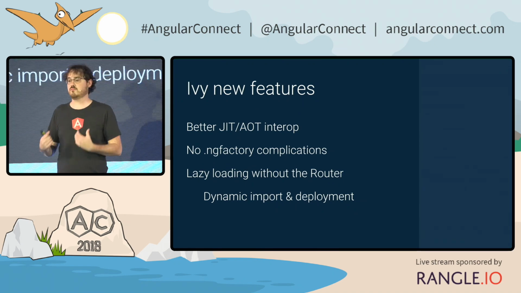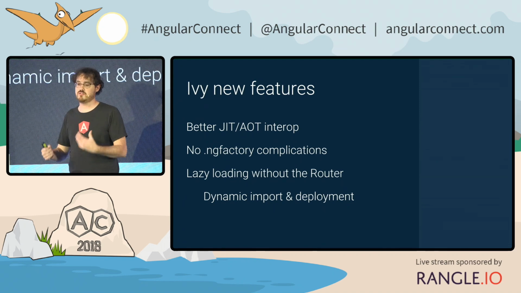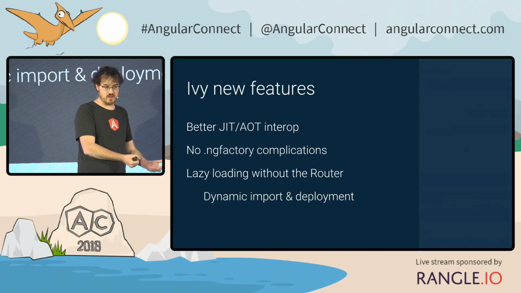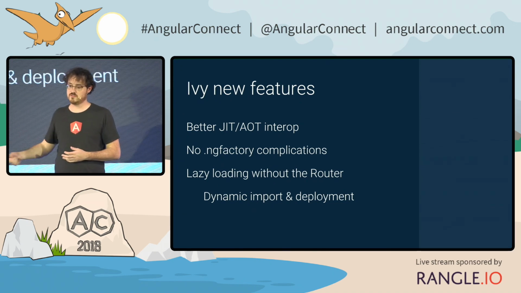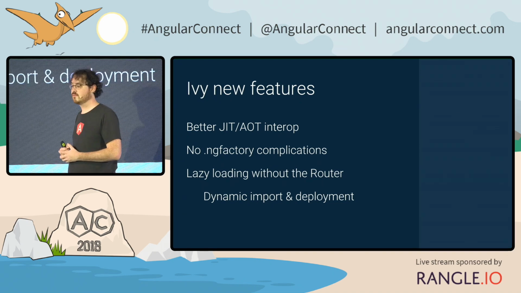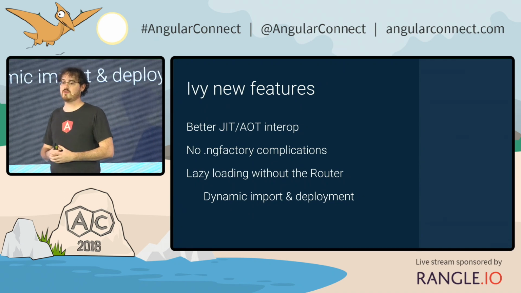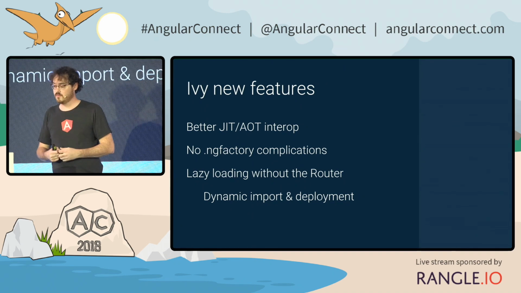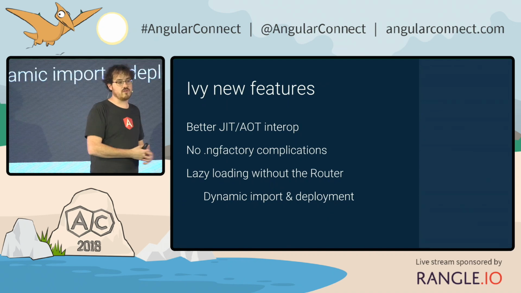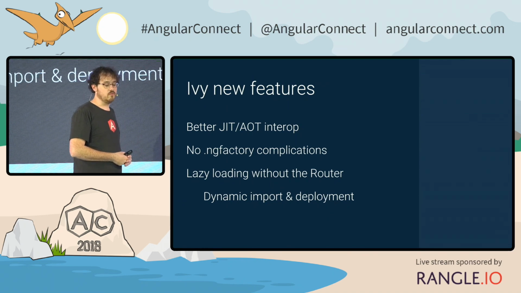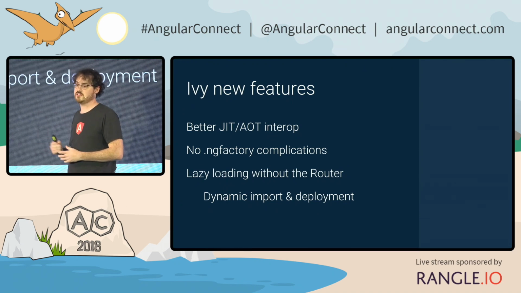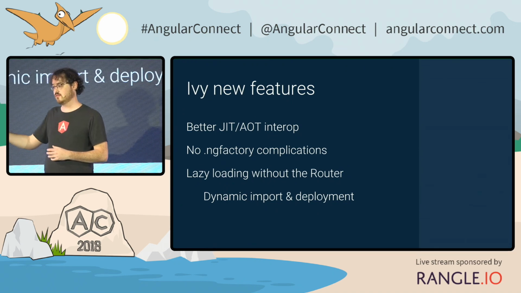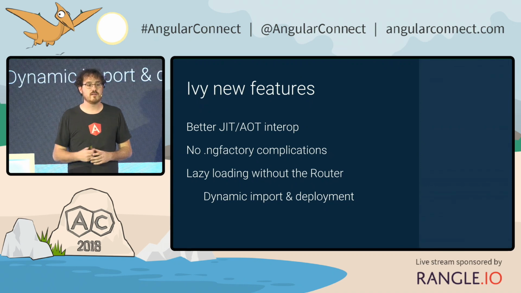We've also been able to remove a lot of the complexity around NG factories. We still generate them, because applications still import them, but we generate shims that actually don't do much under the hood. And so in the future, we'll be able to optimize these APIs. We'll be able to make our bootstrapping API simpler. We'll be able to make lazy loading a lot simpler. Right now, really the only way to lazy load Angular code reliably with a good build story is with the CLI.